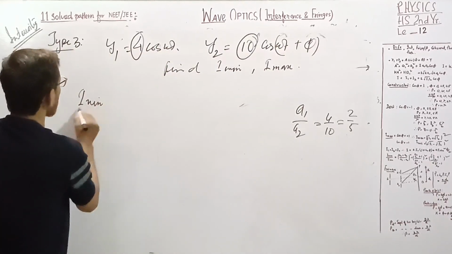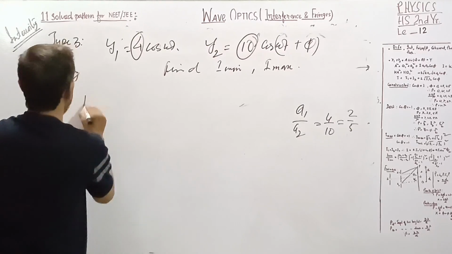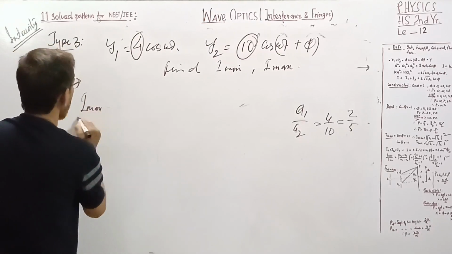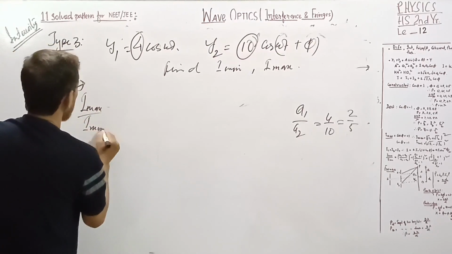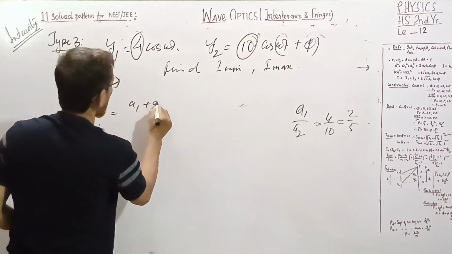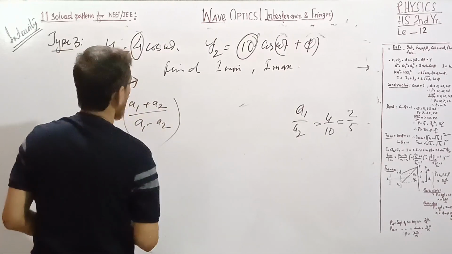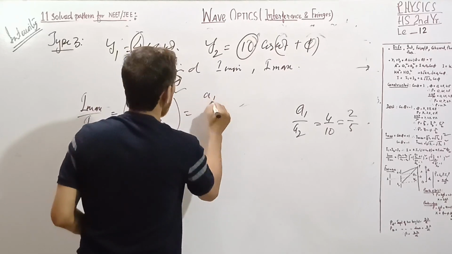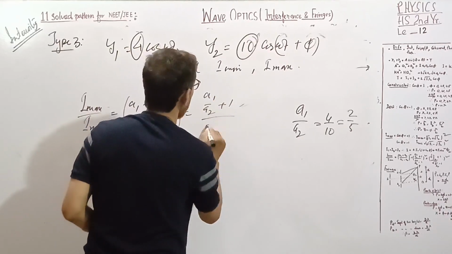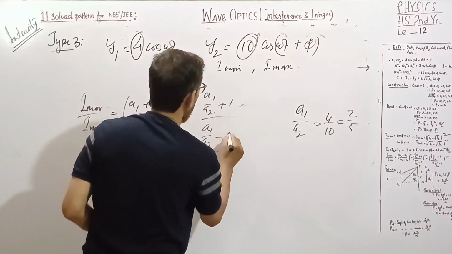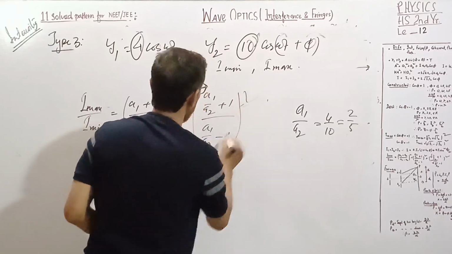I maximum by I minimum is equal to (a1 plus a2) whole square by (a1 minus a2) whole square, which is (a1 by a2 plus 1) whole square by (a1 by a2 minus 1) whole square.